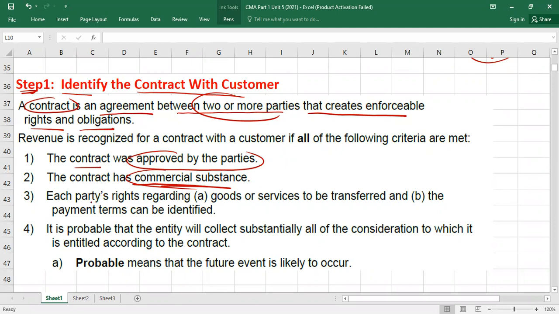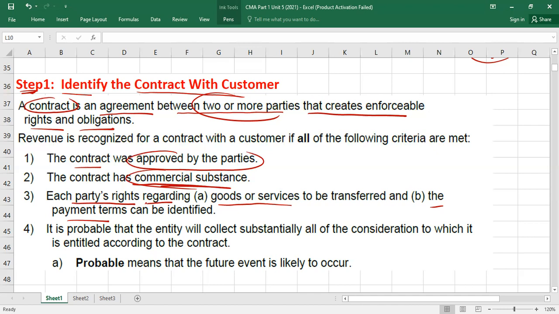Point number 3 is each party's rights. Each party means the buyer and the seller. Mainly we are studying this topic from the seller's point of view. So it means the seller's right regarding goods or services, or regarding the payment terms, because the seller is responsible to sell goods or services, and the seller has a right to receive cash or other consideration.